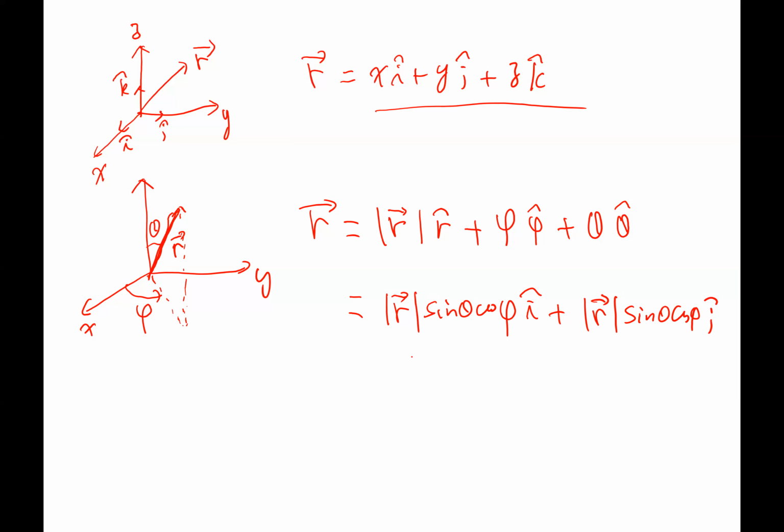So we have r sine theta cosine phi i, then r sine theta sine phi j, and then r cosine theta k.